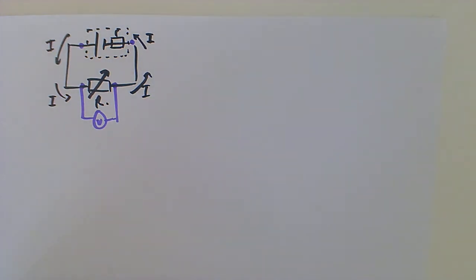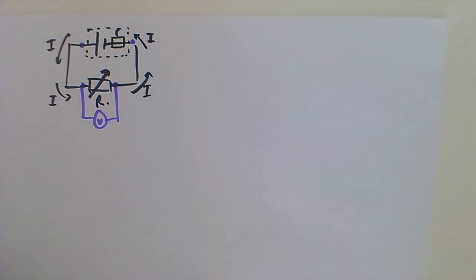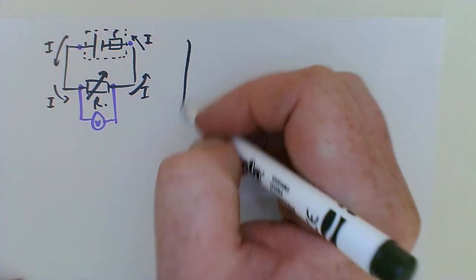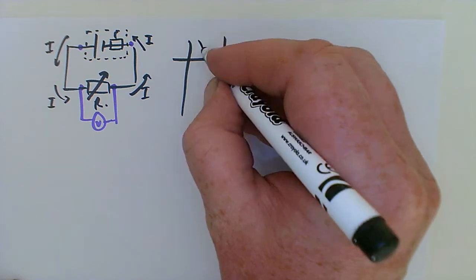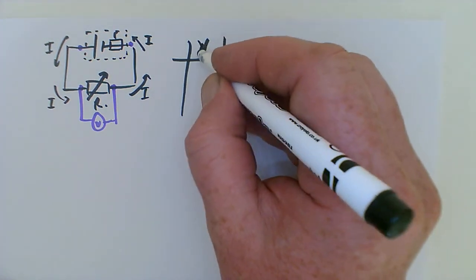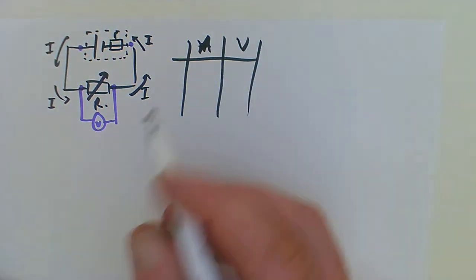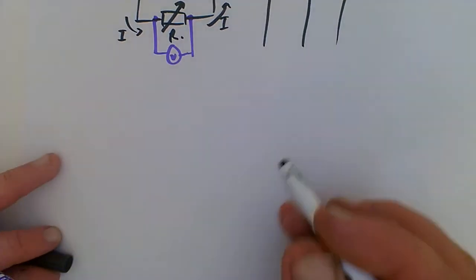And we also know that as I gets greater and greater, we're going to get more of these things that we call lost volts across here, because it's going to get hotter and hotter, so we're going to lose a greater amount within the power supply. Okay, so what we do is change the current and measure the terminal PD, and we're going to plot them against each other.